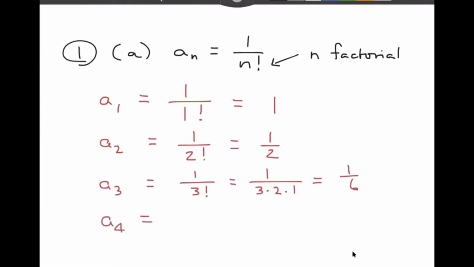And finally, a sub 4 would be 1 over 4 factorial, 4 times 3 times 2 times 1, 1 over 24. So there you have it. That's the first 4 terms of that sequence.